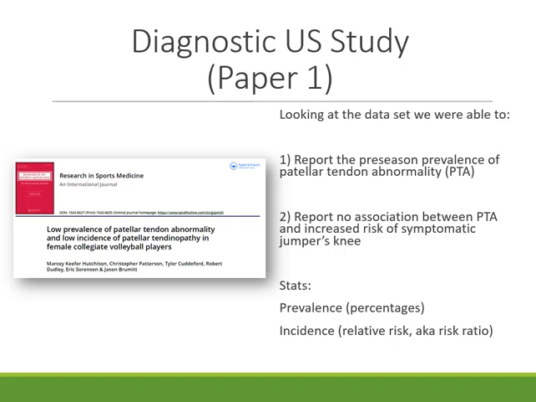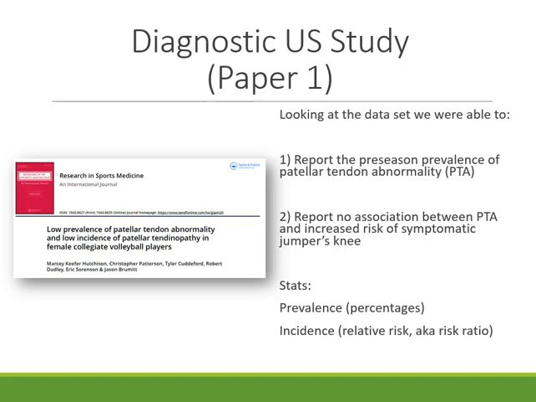Well, a previous study had suggested that you can use the images and identify people who may be at a greater risk of developing patellar tendinopathy. That particular study was a study that looked at high school aged basketball players.